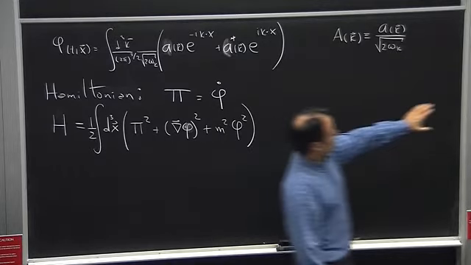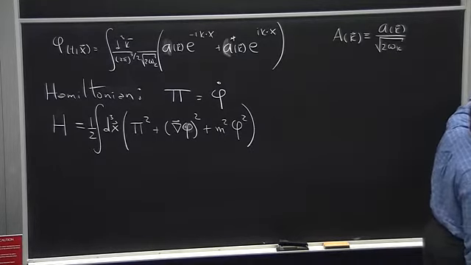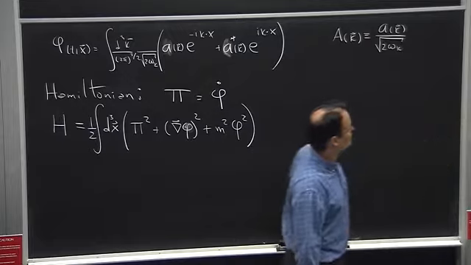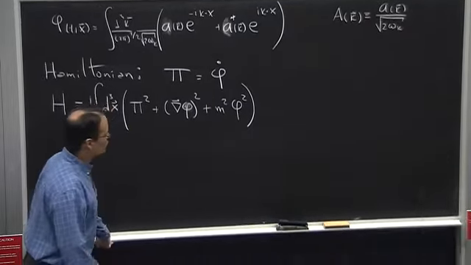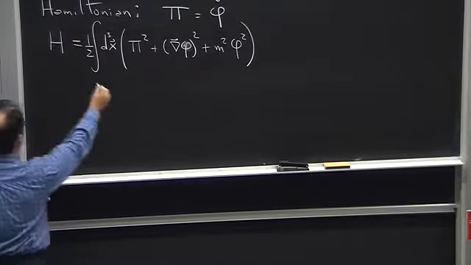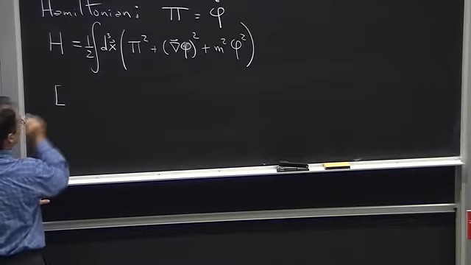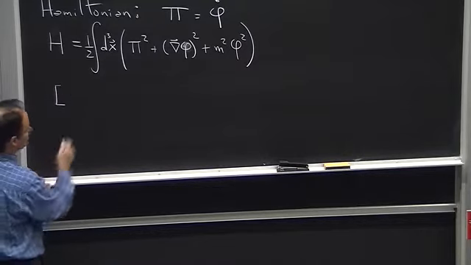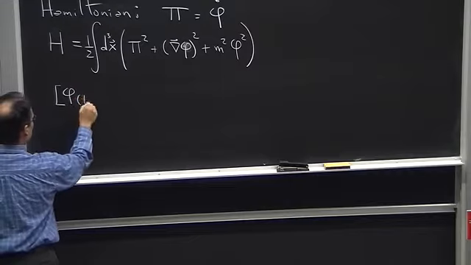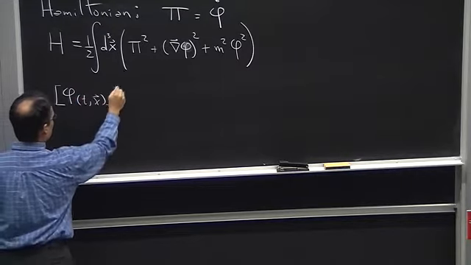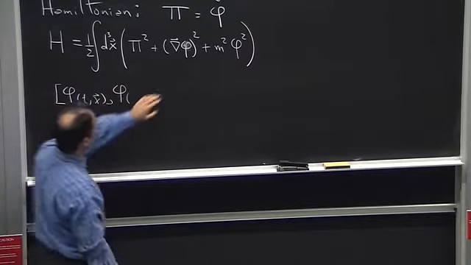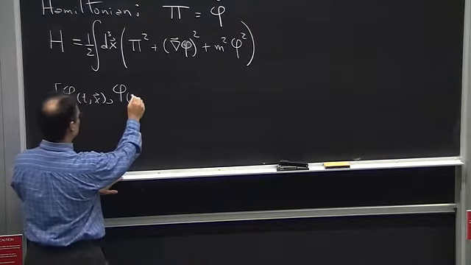So if we have this formula for the quantization of a classical mechanical system, it's only natural to propose the same class of commutation relations when we promote phi to become an operator.